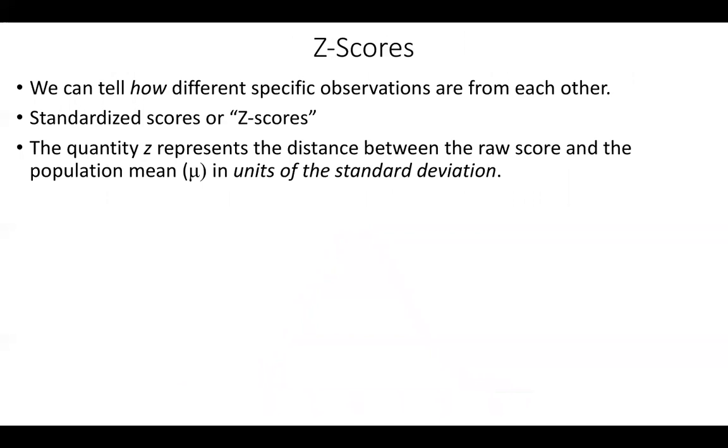When we have our z-scores, here is the basic formula for doing this. Z is represented by the calculation of numerator over denominator. In our numerator, we start off with x. This is the value of our observed data point, or our observed raw score.